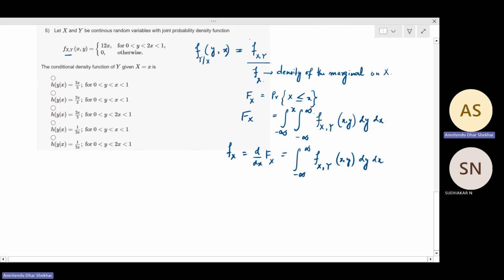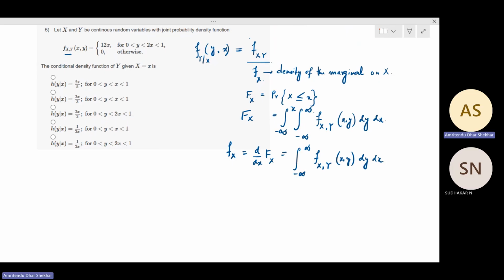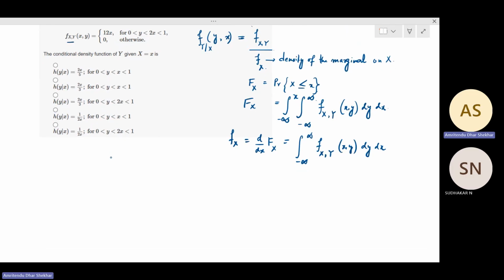In this particular problem, it is given to us that y varies from 0 to twice x, and x, of course, lies in 0 to half. You have to keep these constraints in mind when solving for the PDF.